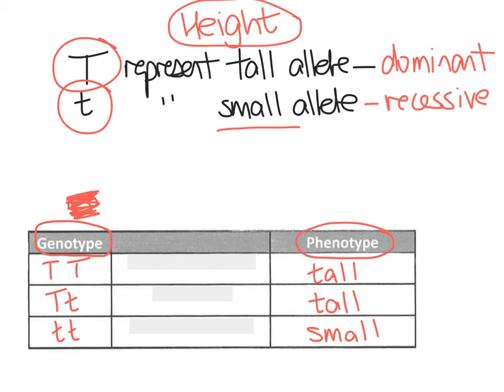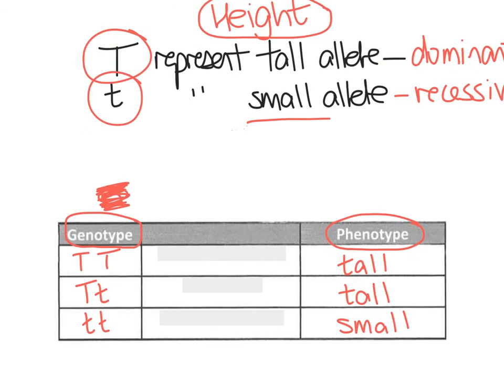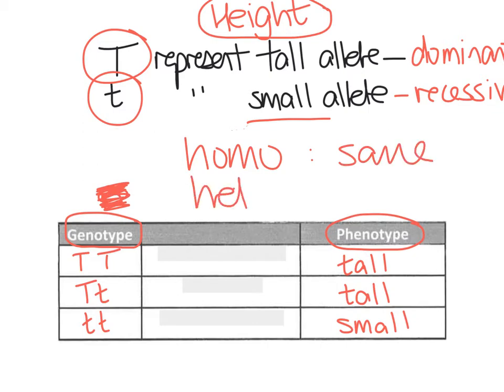Now, in your notes on page 5, it has some other terms there. The words homozygous and heterozygous are to do with the alleles. Homo in biology means the same. Hetero means different. So this is homozygous.